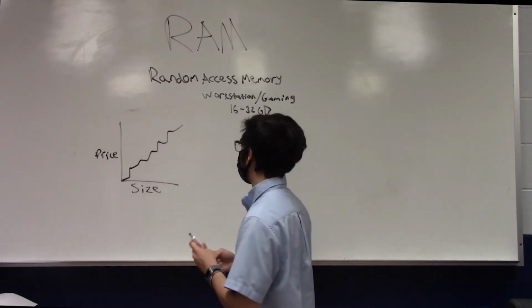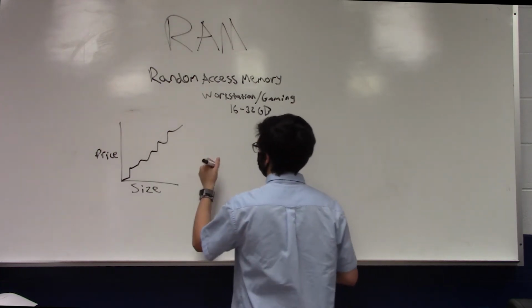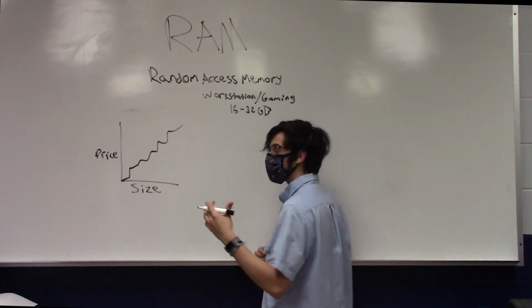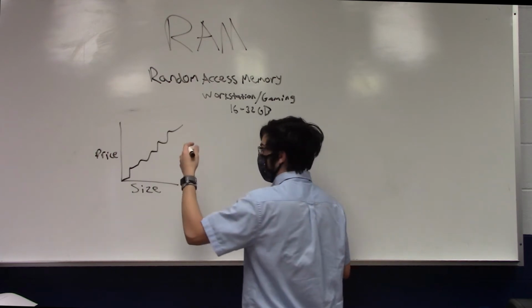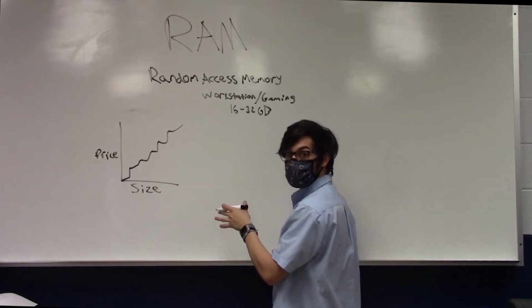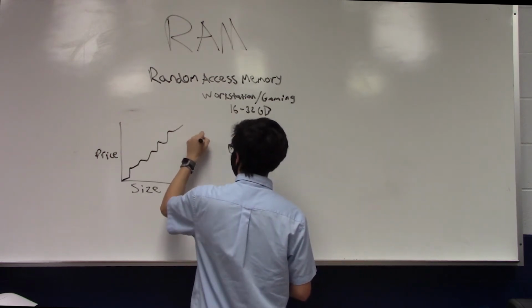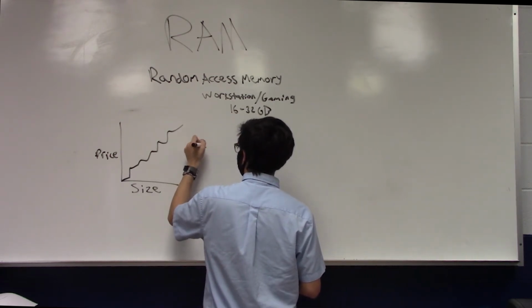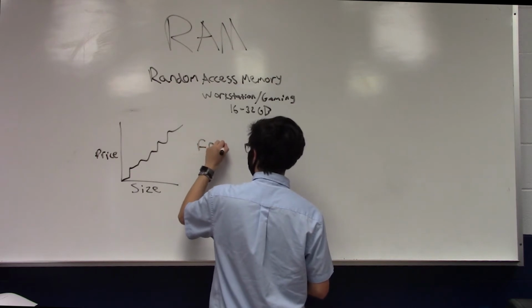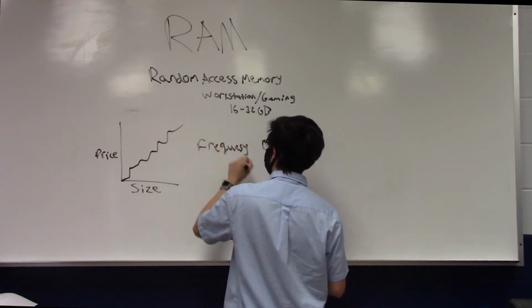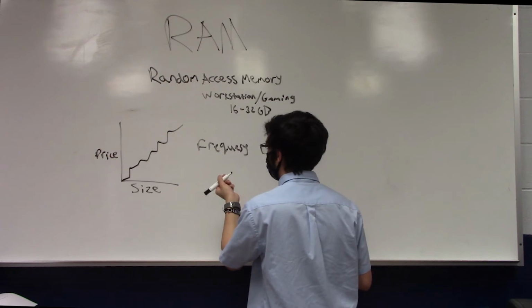And just like I said before, remember those 4-digit numbers I was talking about before? They're called frequencies. I don't know if I'm spelling that right. Frequency. Wow, I really need to get a new marker.